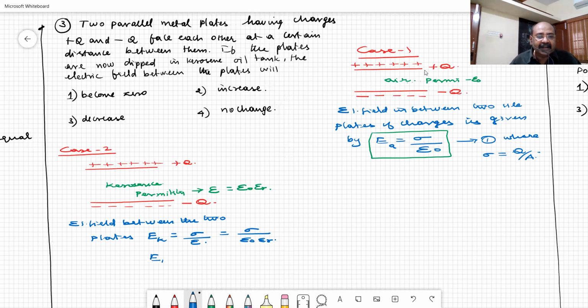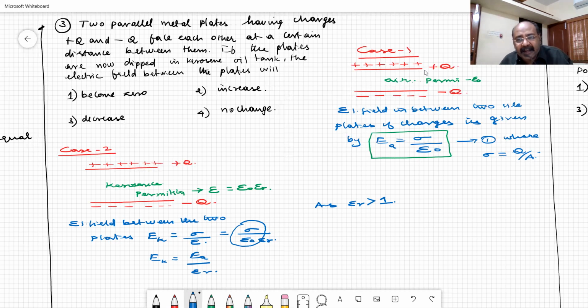So I can write E of K equal to sigma by epsilon 0, which we have already calculated as E0, divided by epsilon r, as epsilon r is always greater than 1. For air medium alone, epsilon r is equal to 1.